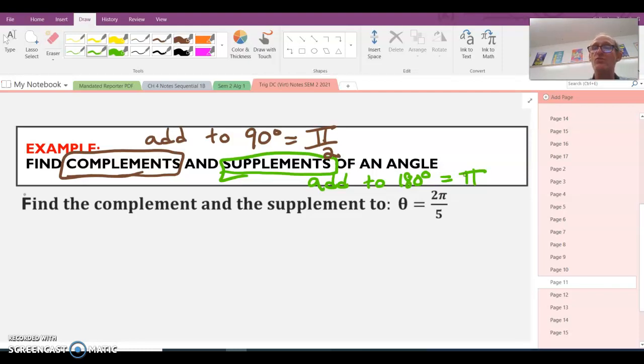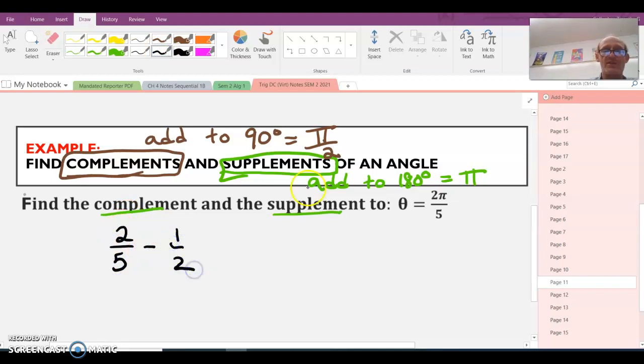Now, find the complement and supplement of 2/5 pi. We're going to take that 2/5, and we're going to subtract 1/2, because pi over 2 is 1/2 there.